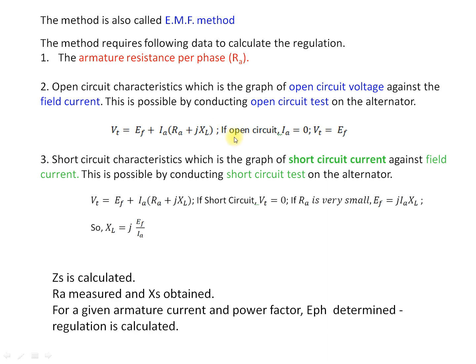In the open circuit mode of an alternator, IA will be equal to 0, because the output terminals are open, so the armature current will be 0. Then VT is equal to EF. In this way, we find the open circuit voltage of an alternator.